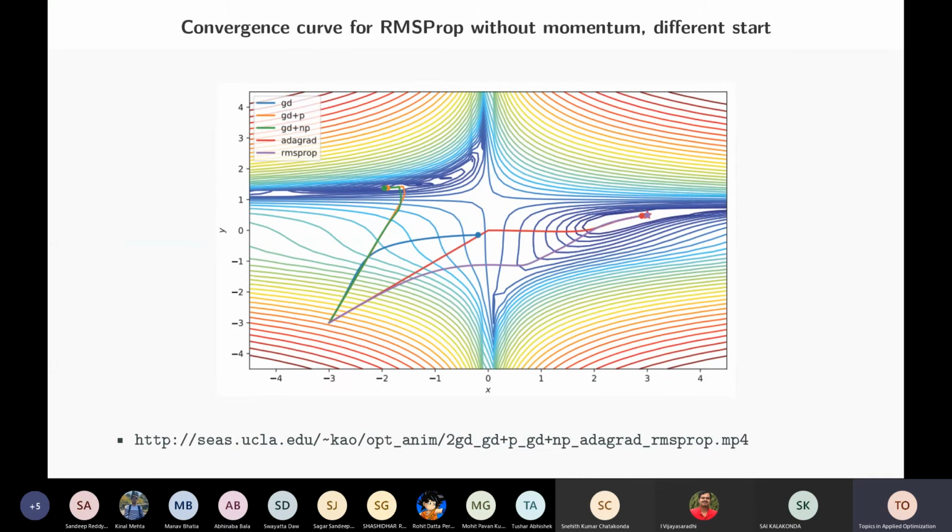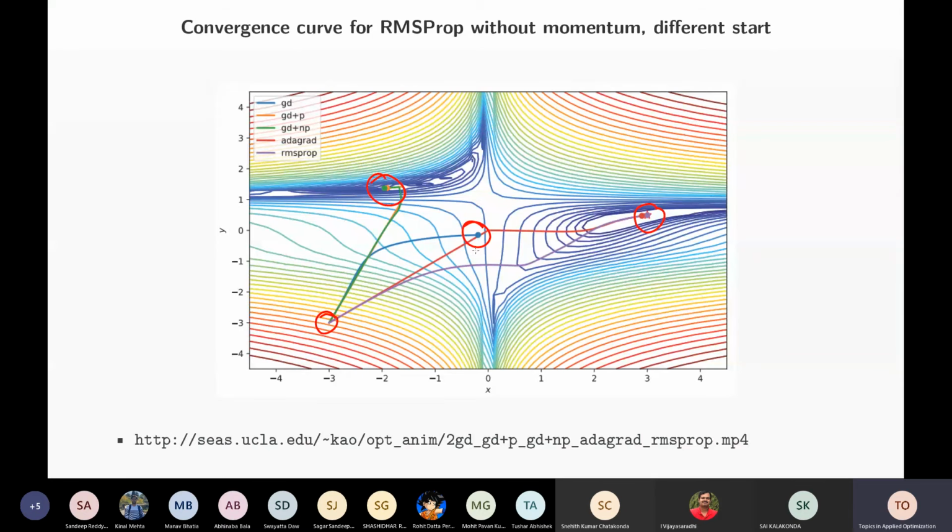There is an animation again for different variants of these methods like RMSprop, AdaGrad, and so on. In some cases, like RMSprop and AdaGrad went to the right global minima, whereas those previous ones are still going to the local minima, obviously, because the starting point is still the same. SGD is very slow. That's why people don't use SGD at all.